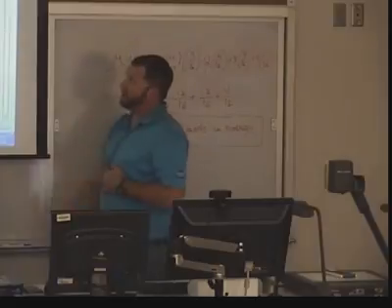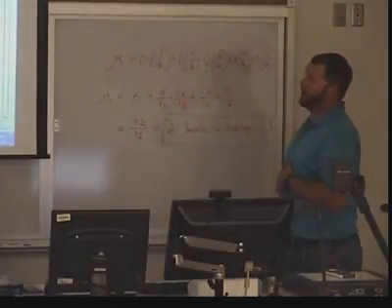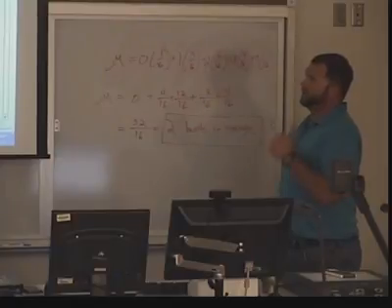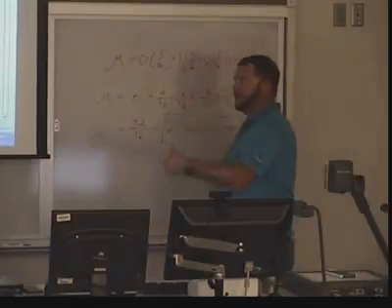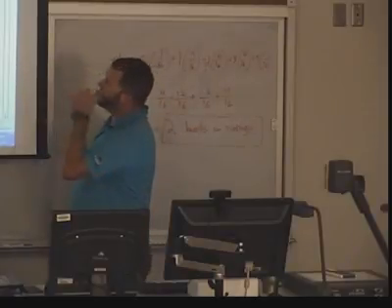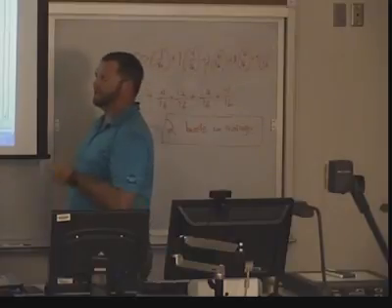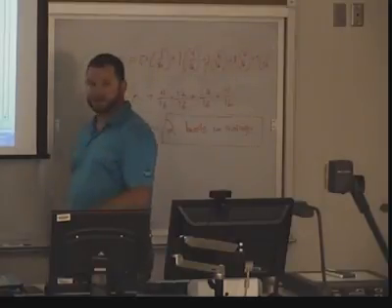So X is my random variable, and I'm going to let it equal the number of successful cures out of the 5. Does everybody see that the random variable X is not the same as its probability? The random variable is the number of survivors. Its probability is the chance of you getting that number of survivors.